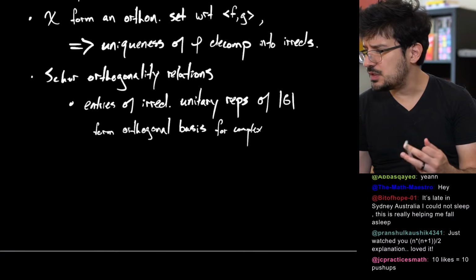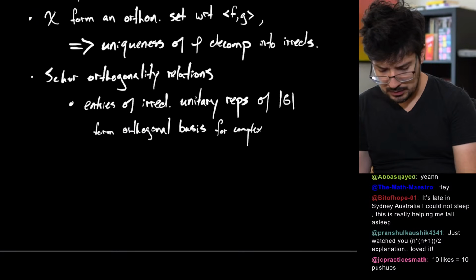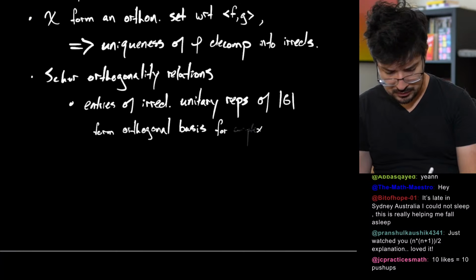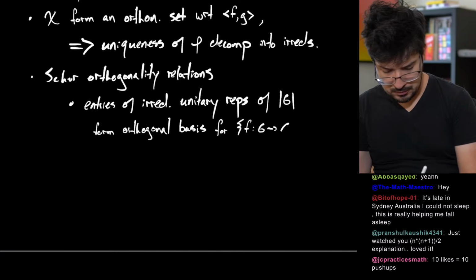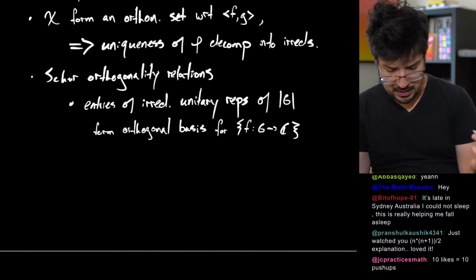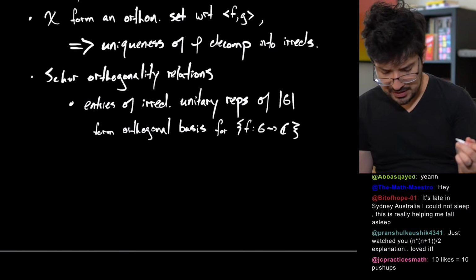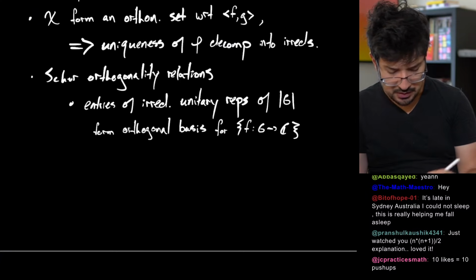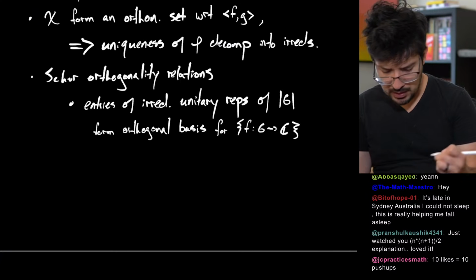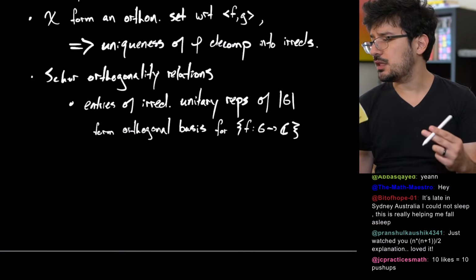When they say complex valued functions on G, I think that they mean functions from G to complex numbers. Yeah, pretty sure about that.